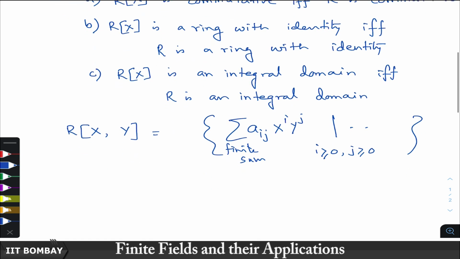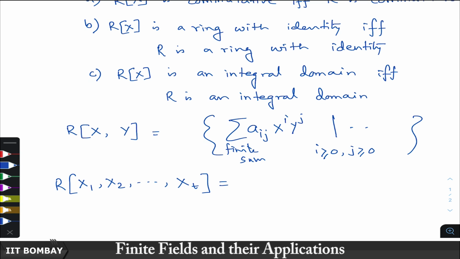And similarly, you can take any finite number of indeterminates, let us say x_1, x_2, ..., x_t. One can define polynomials in t variables in a similar way.